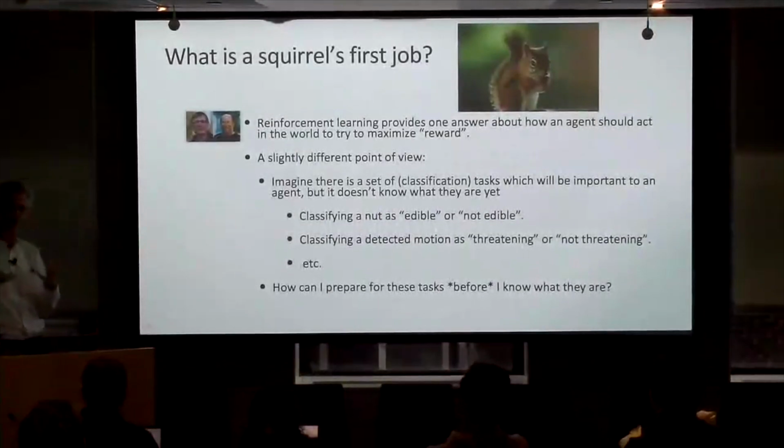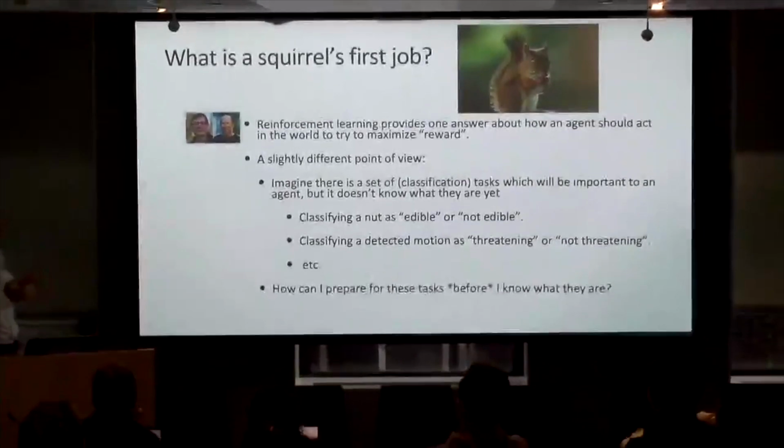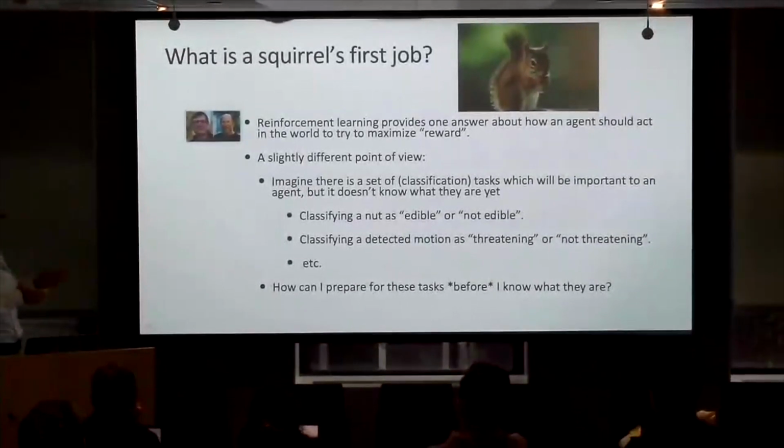But the way it's going to be presented with this task is, it sees its mother eating a nut and dying, and it sees somebody else eat a nut and not dying, and these are essentially the labels it's getting. So my point is, you don't know what the tasks are in the beginning. You're only going to know what they are later. And so how do you prepare for that?